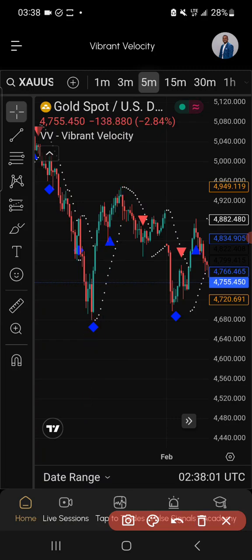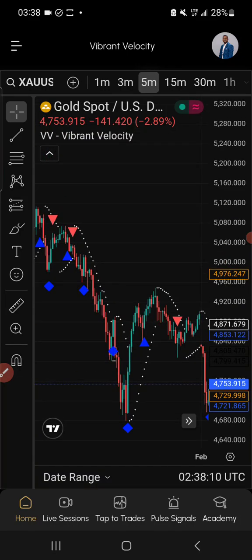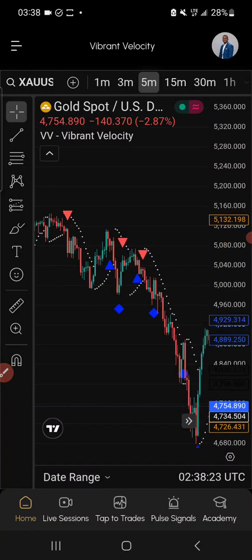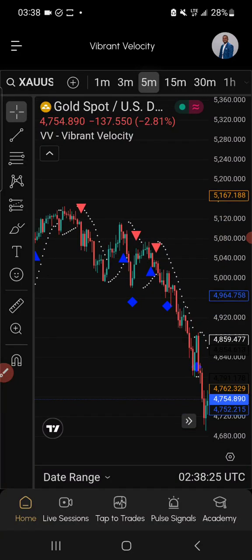That one was 2000 pips. So you can see that with this scanner, you really can start to win in the financial market. So generally speaking, you want to work with the diamonds. However, you can also work with the triangles, but most preferably the diamonds.